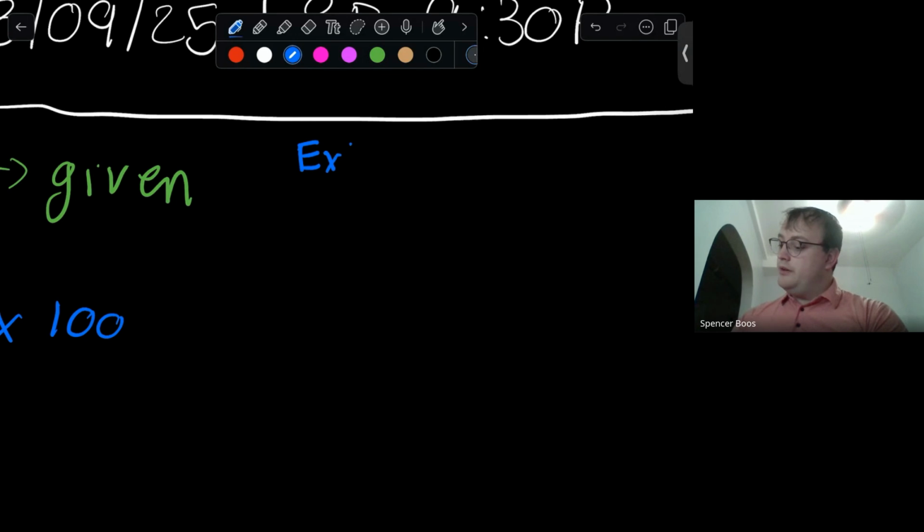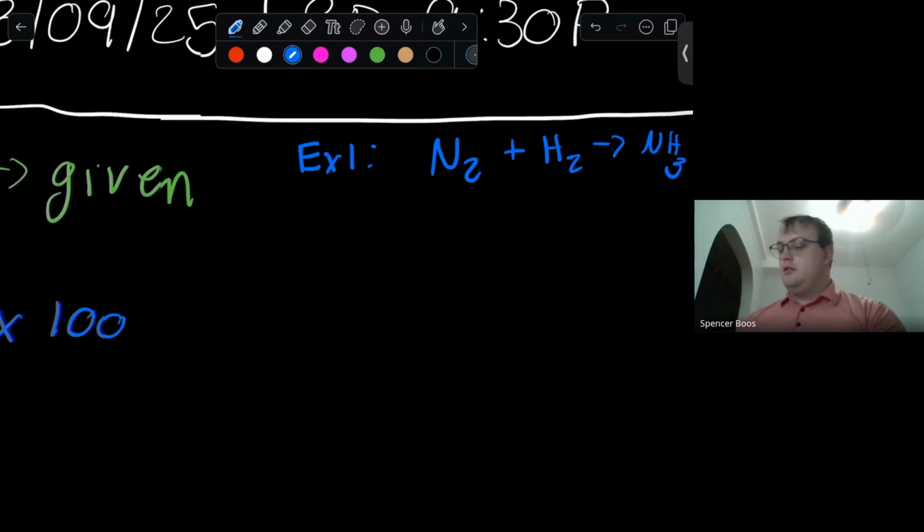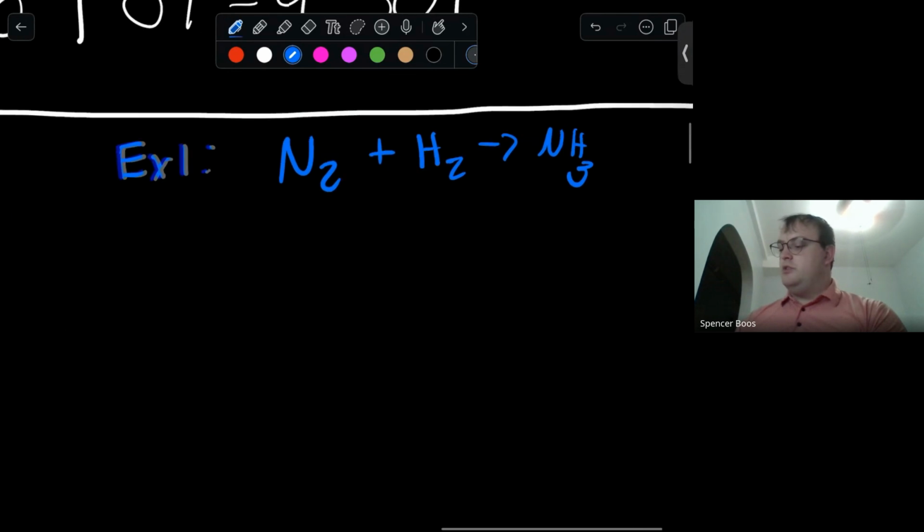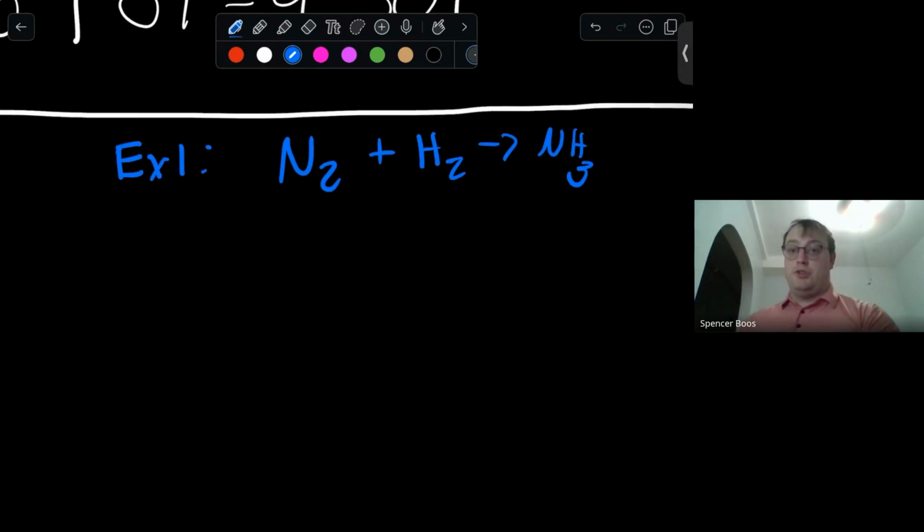Example 1. Let's say you have this equation: N2 plus H2 yields NH3.